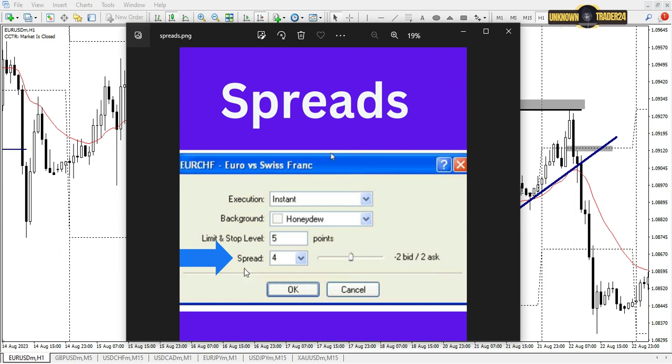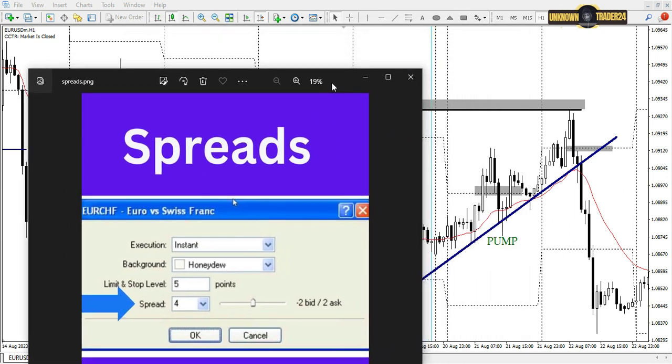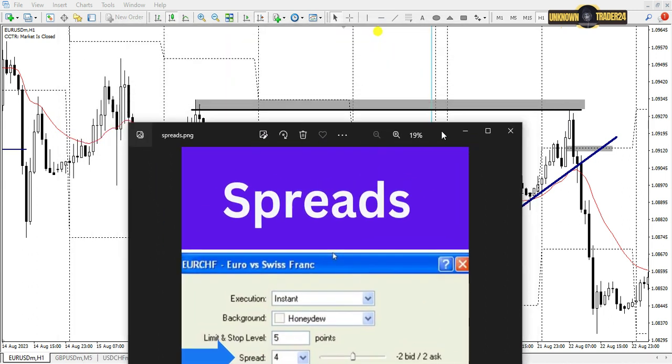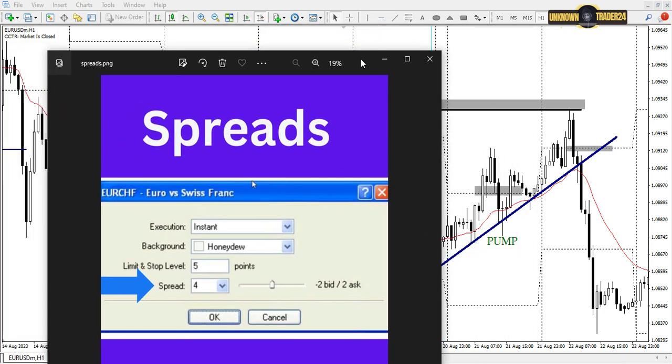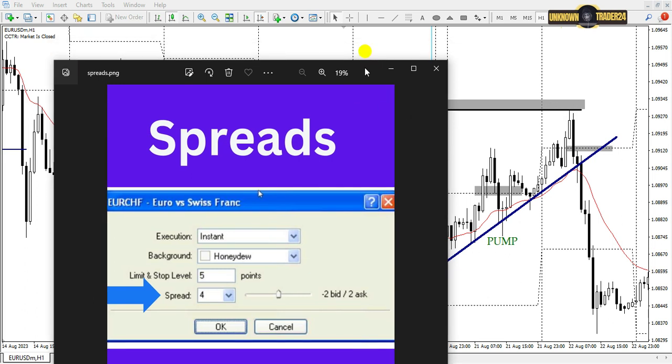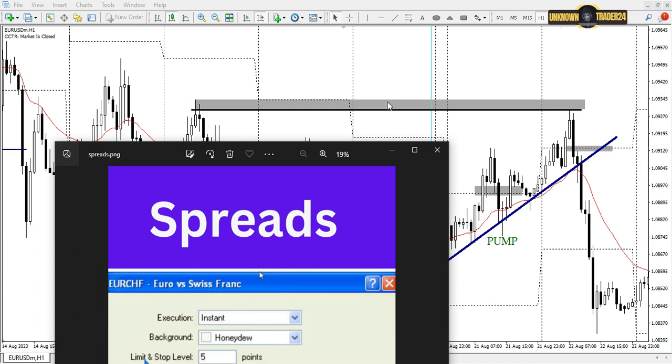So look, you see this is spread? They can actually increase the spread. So guaranteed, when they got to this point, they knew that there will be orders somewhere here, of people who have sell orders above here.